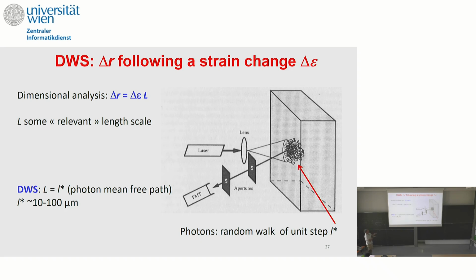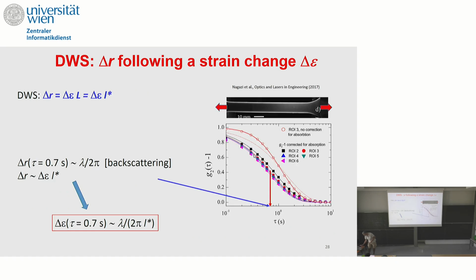So if we apply some given strain change delta epsilon, the typical change in particle position detected by DWS will be simply of the order of L star times delta epsilon. Example.